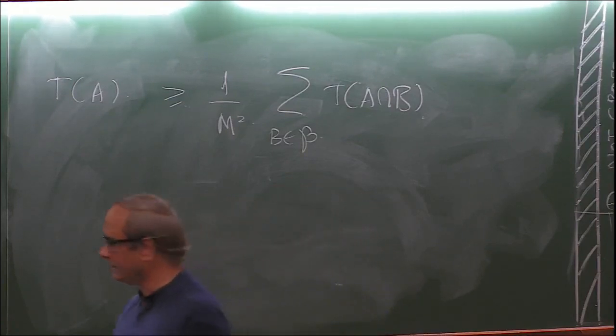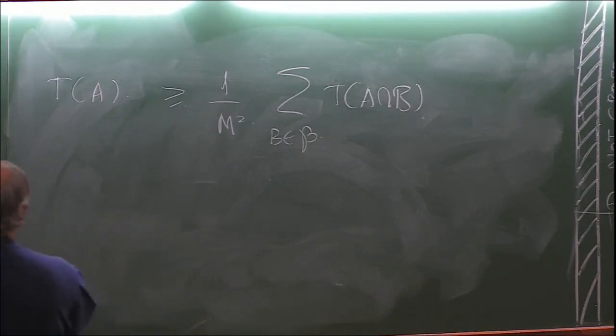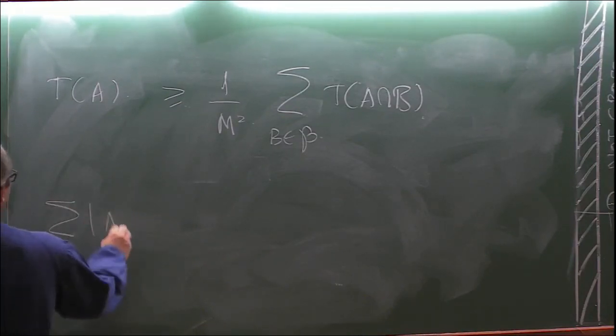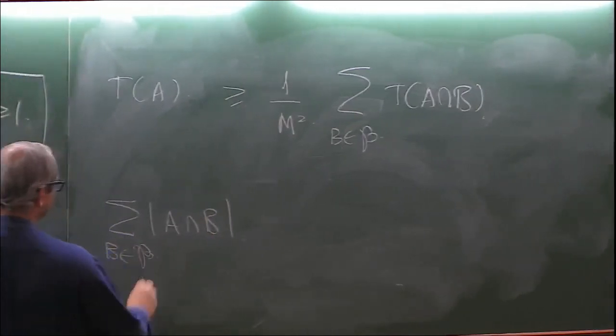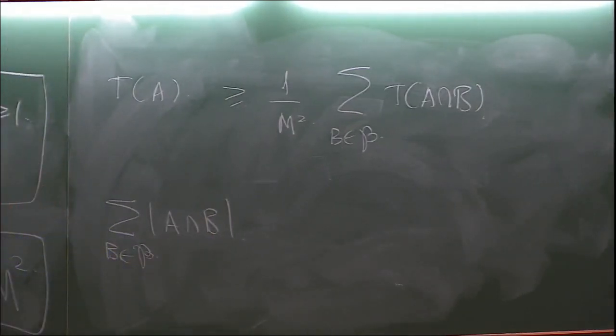Okay, this is yet another standard thing. So first let's look at the cardinality of A intersection B, B in the family.